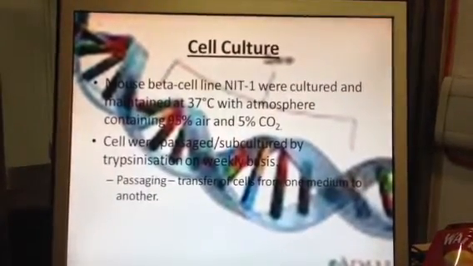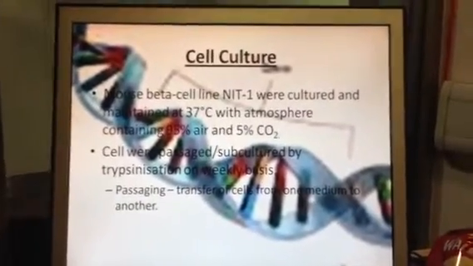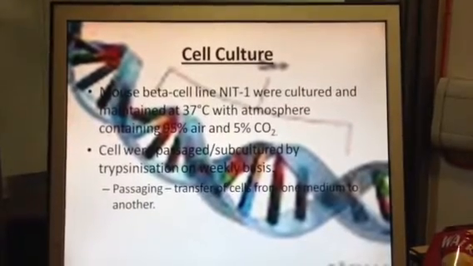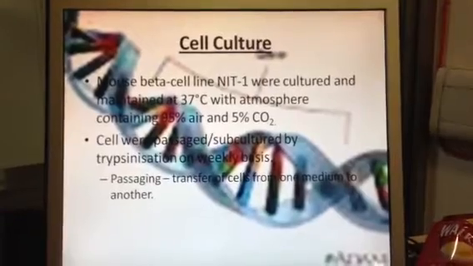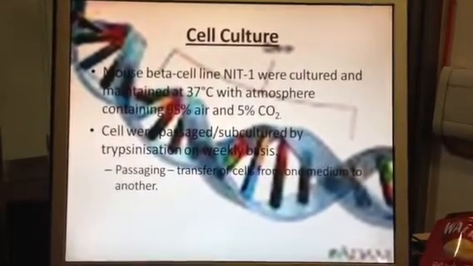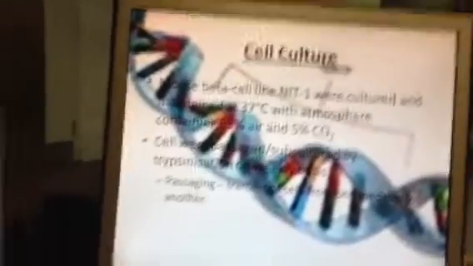Okay, so cell culture. The mice cells were cultured in a cell incubator maintained at 37 degrees with an atmosphere containing 95% air and 5% carbon dioxide, which are the typical conditions for mammalian cell culture.